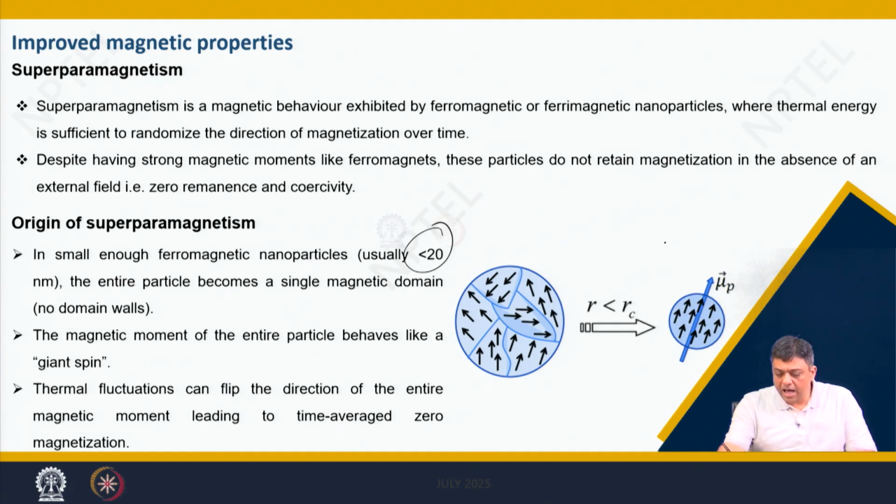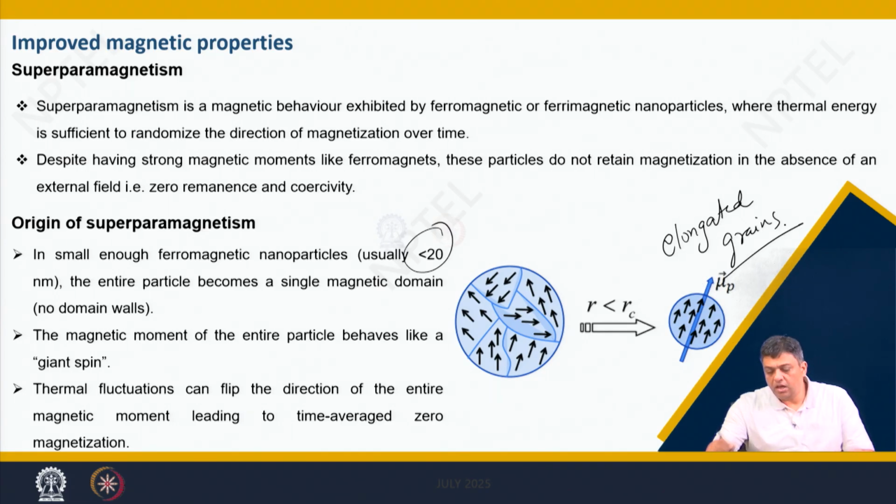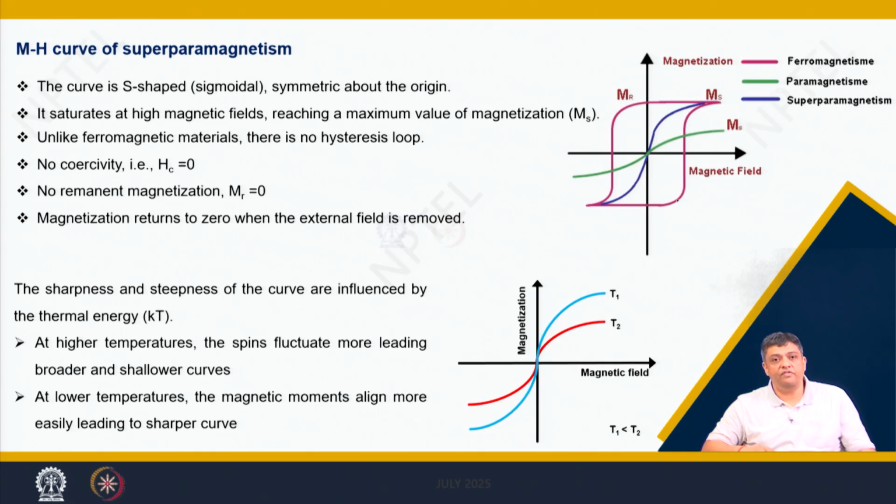And this is happening because of the formation of elongated grains in nano size particles, and this drives this transformation. We will discuss this in detail when we dedicate 3 or 4 lectures to this field, that is magnetism at nanoscale, and hence you can get newer properties and newer applications for a given magnetic system.